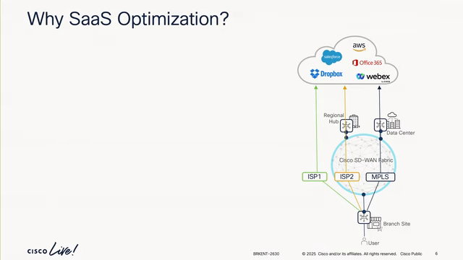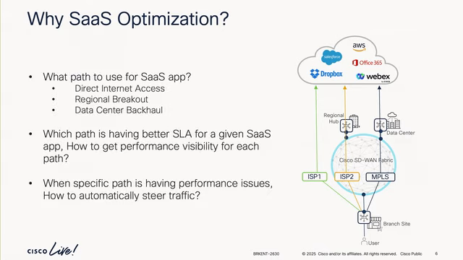Now, in this kind of network, what are the challenges that we have with SaaS applications? When you start using a SaaS application, the very first question that could come to mind is, which path should we use at any given point of time? Is it the internet path that is performing better at this point of time? Should we use it? Or should we backhaul the traffic over a data center and egress from there, because there is an outage or slowness detected on the local internet circuits?